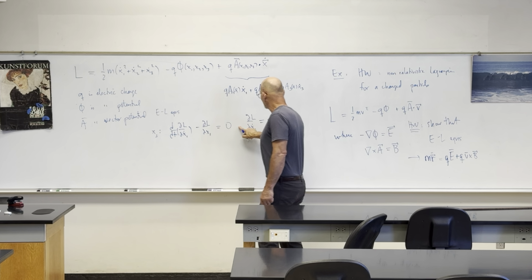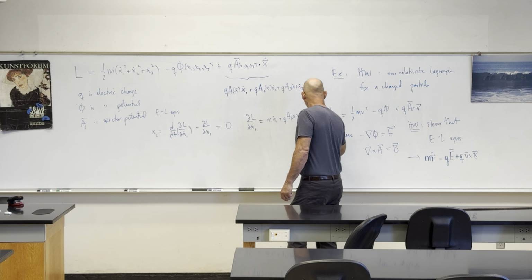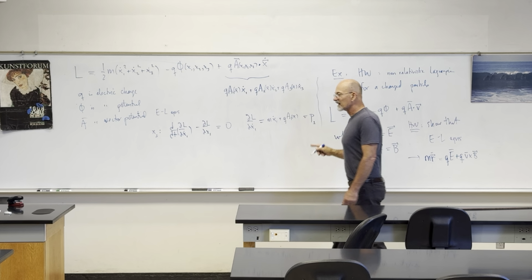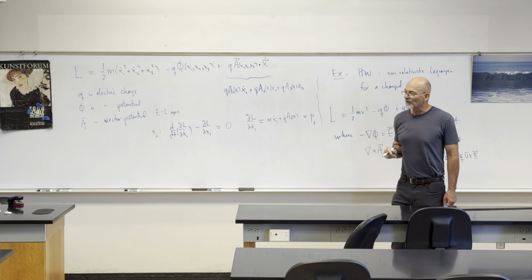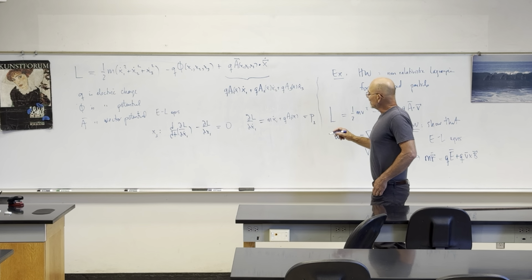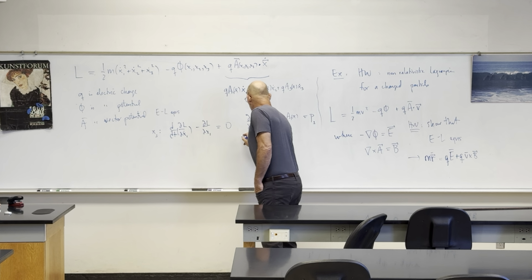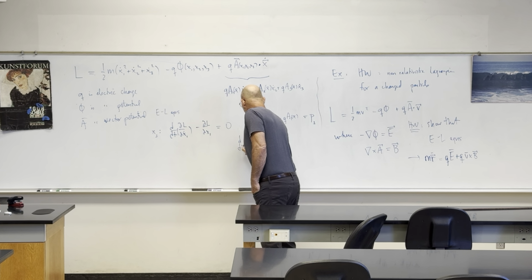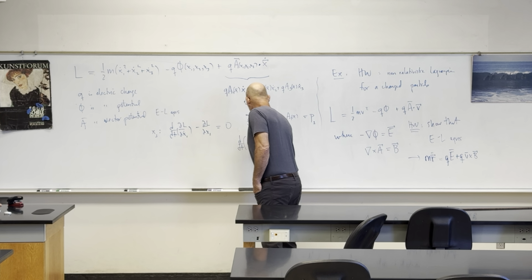By the way, like I said, this is actually equal to d sub one, because we're going to construct the Hamiltonian of this problem as well. So here's where it gets interesting. d over dt of dL dx1 dot.